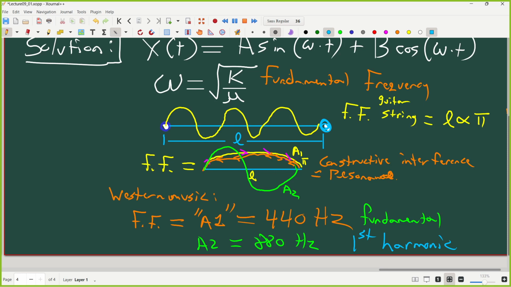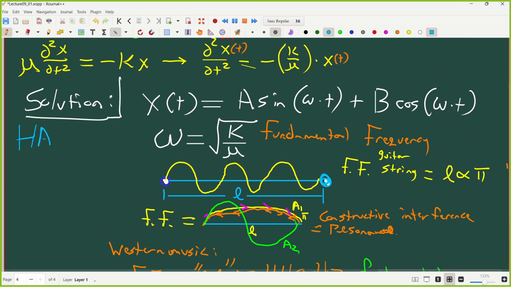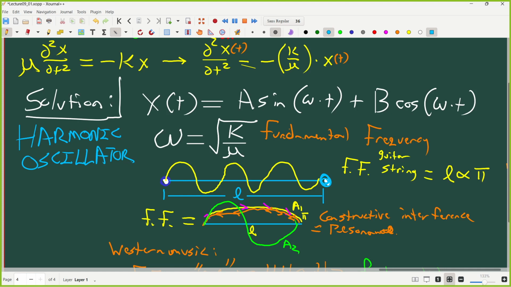Right? This is why we call it a harmonic oscillator. A spring with a mass attached to it, or a taut guitar wire, these are called harmonic oscillators. And why are they called harmonic oscillators? Well, first of all, they oscillate like a sine wave. And why are they harmonic?